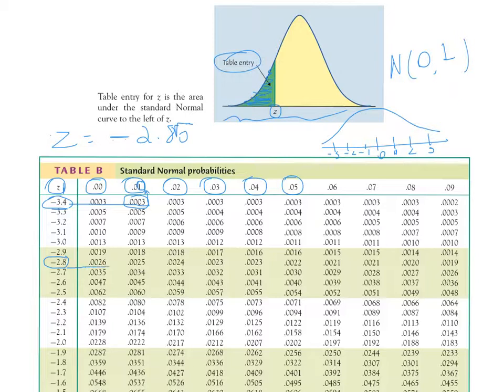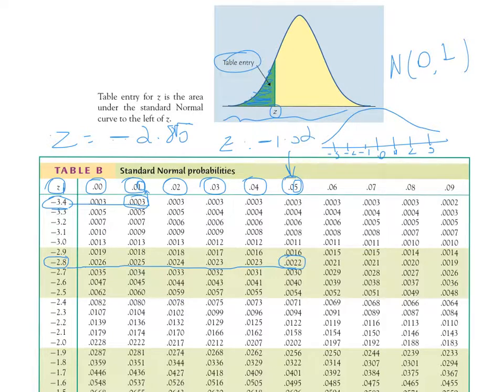And then we are looking for 2.85, so we have to stop at 0.05. We stop here because the second decimal place is 5. So this number corresponds to the area to the left of -2.85.